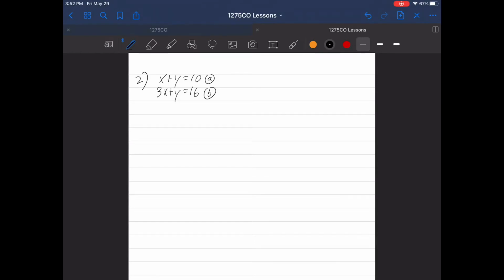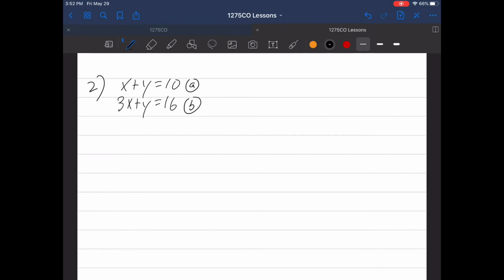So let's take a look at our system of equations, which says x plus y equals 10, 3x plus y equals 16. Now I like to label these equations as A and B. That's just something for me to organize.